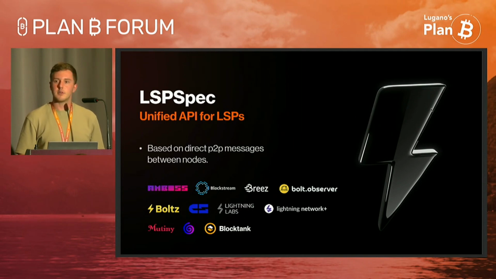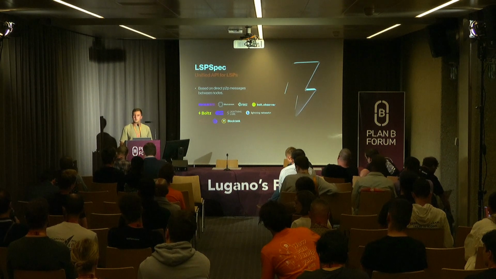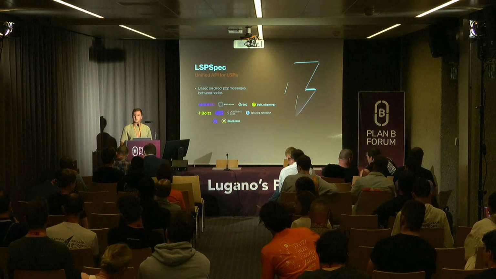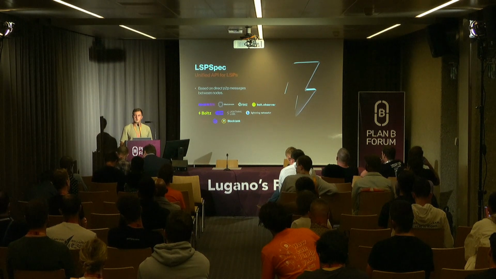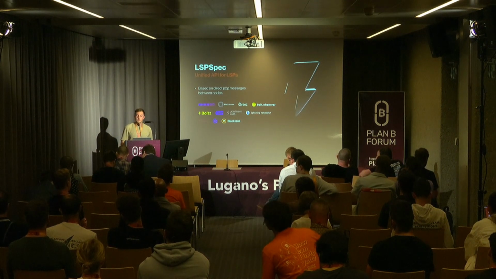And one more question. You mentioned peer-to-peer messages. Is it in the style of Lightning peer-to-peer messages, or is it more another peer-to-peer protocol? No, it's the same encrypted protocol that the gossip is sent over, that everything is sent back and forth on. So it's in a way extending the Lightning peer-to-peer protocol. Yes, exactly.